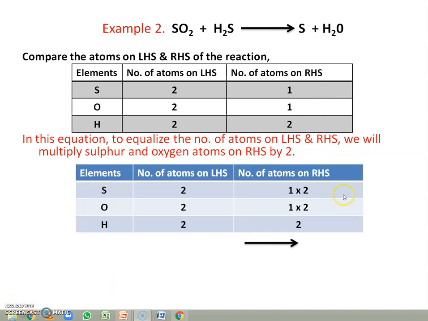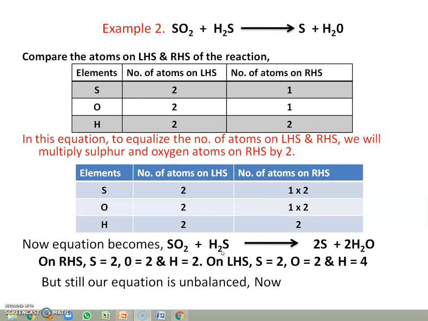In order to equalize the sulfur and oxygen atoms, we will multiply these atoms of sulfur and oxygen by 2, like 1 into 2, and oxygen atoms are also multiplied by 1 into 2. Due to the multiplying factor 2, now our equation becomes SO2 plus H2S gives 2S plus 2H2O.